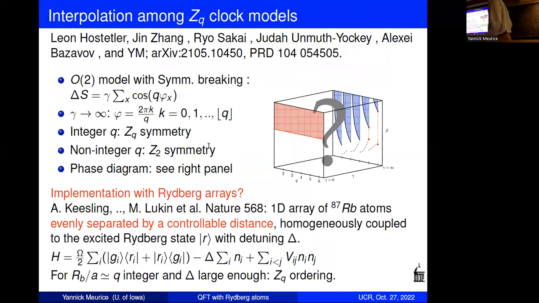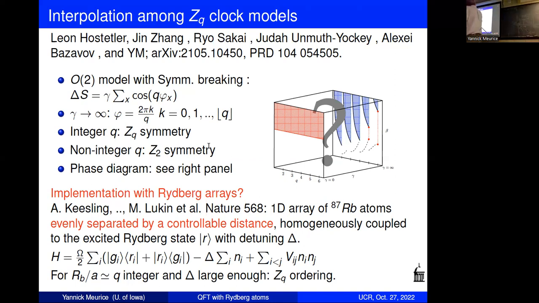We also have tried to realize these complicated phase diagrams by putting a perturbation in the O(2) model. You can put a cos(q phi) term, which in general loses the 2 pi periodicity. When q is an integer, you keep a Z_q symmetry, but otherwise you break the symmetry.